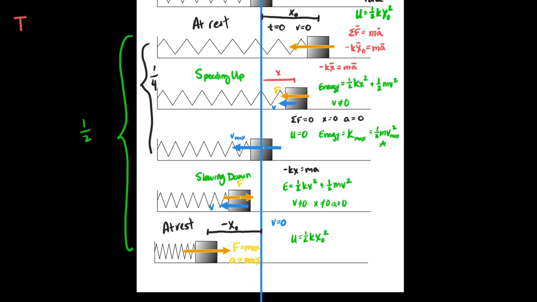We define the word period as the time for one oscillation. So this represents 1/4 of the period, and this represents half the period.